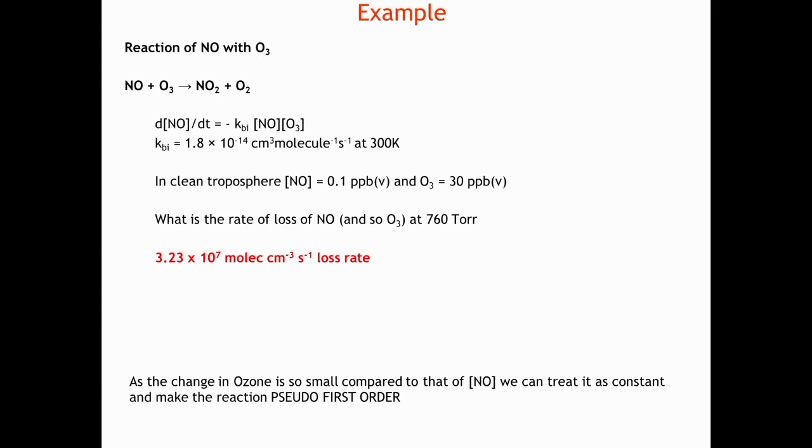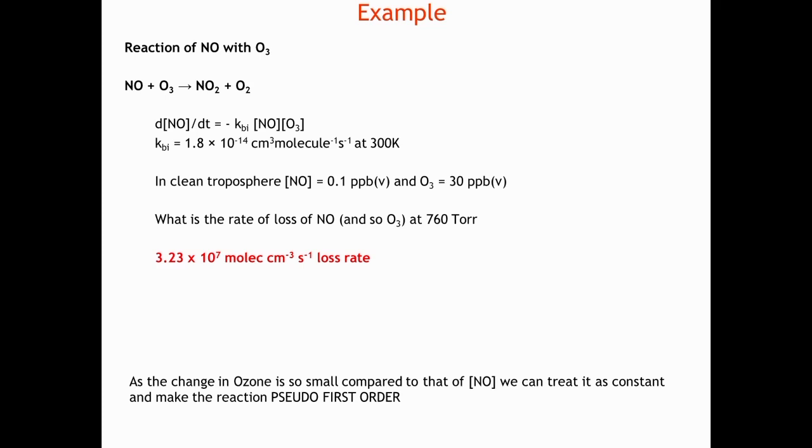Because the loss rate of NO is the same as the loss rate of ozone, because the stoichiometry is the same. The concentration of ozone is very much higher than the concentration of NO. And so we can treat the ozone as a constant. Okay? If you see there, the ozone is 300 times higher than the NO.